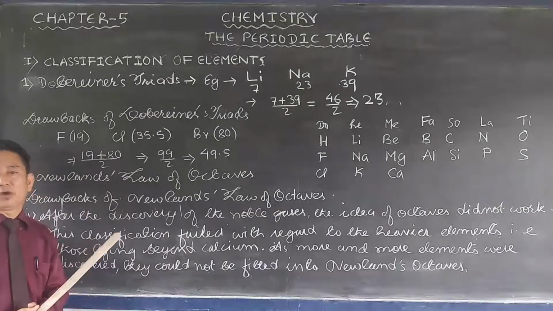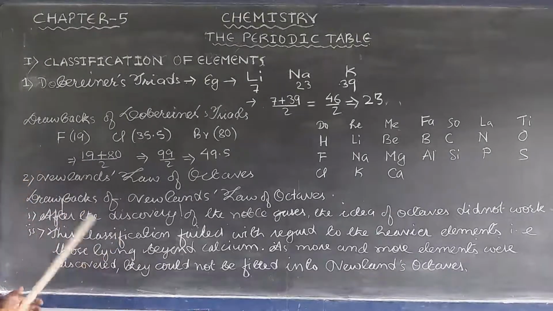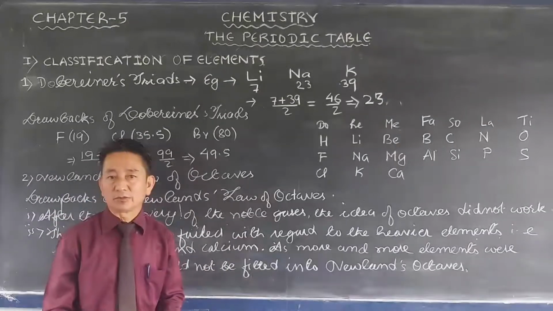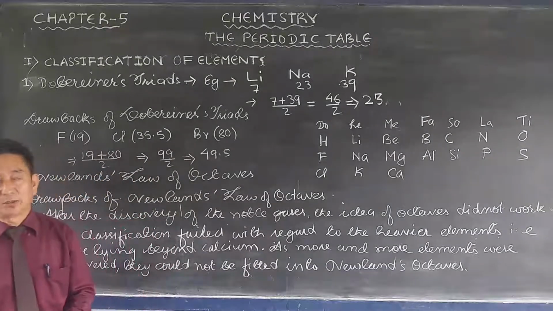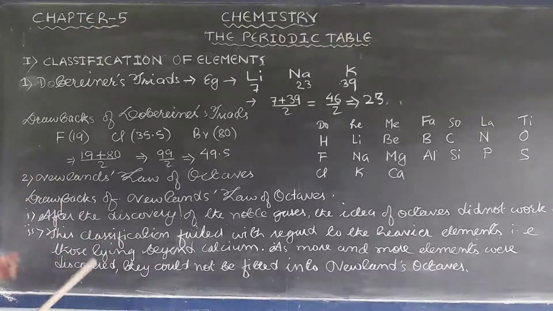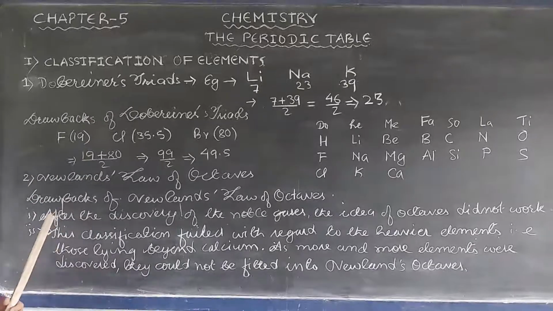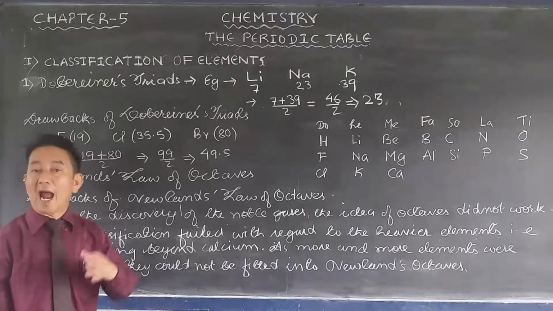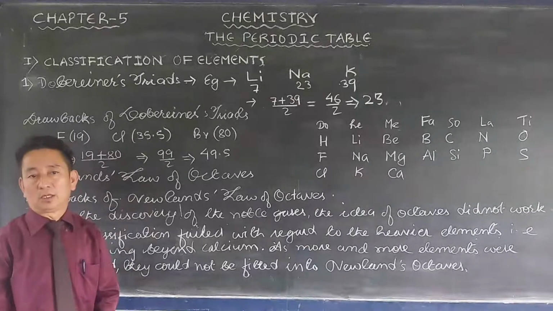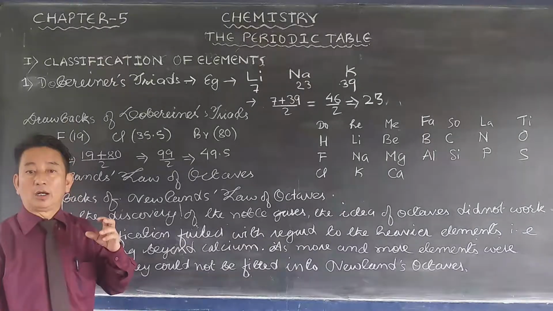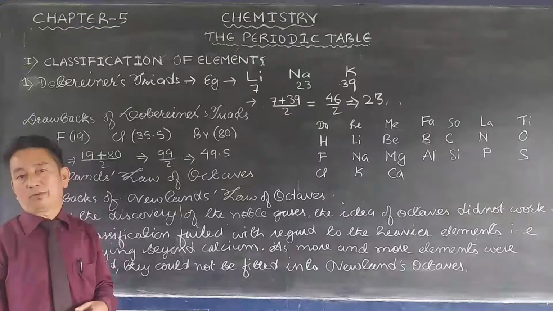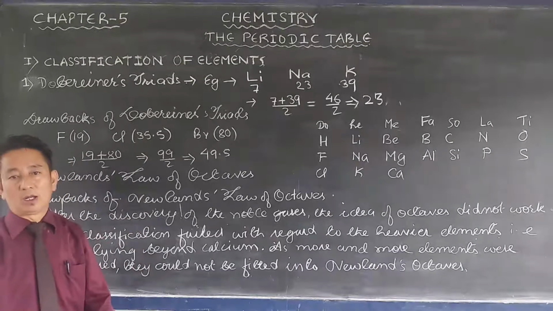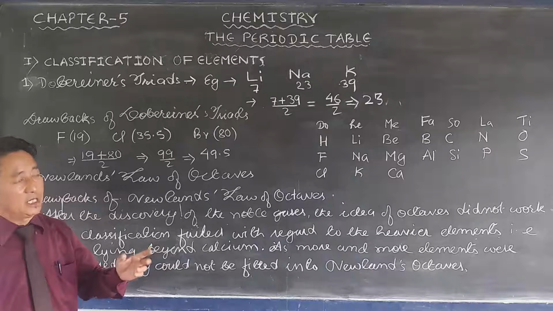Based on this observation, John Newlands gave the law of octaves. This law states that when the elements are arranged in the increasing order of their atomic weight, the properties of the eighth element are similar to the properties of the first or starting element.